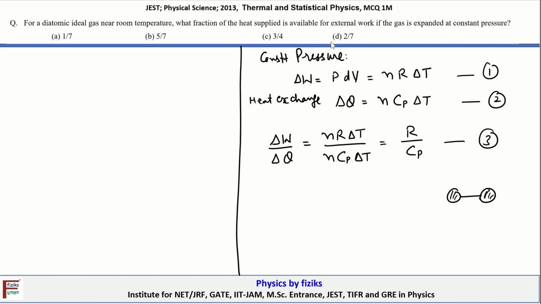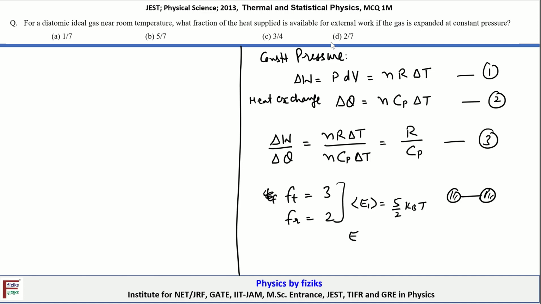For a diatomic gas molecule, the translational degrees of freedom, f_T, is equal to 3, and the corresponding rotational degrees of freedom are 2. So the average energy per gas molecule, E1, with total degrees of freedom 5 at ordinary temperature, is 5 by 2 kBT.